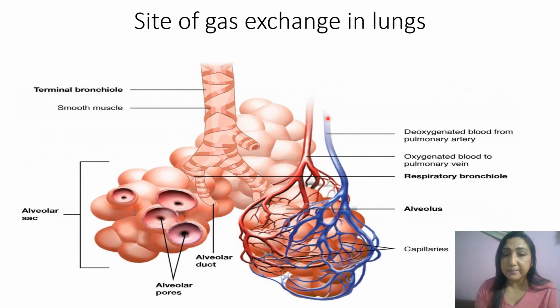This is the deoxygenated blood coming through the pulmonary artery from the right heart, which is exchanged and goes back to the systemic circulation. This is oxygenated blood going to the systemic circulation by the pulmonary vein. And whenever carbon dioxide is exchanged from this deoxygenated blood, it is exhaled through the respiratory tract out of the body.